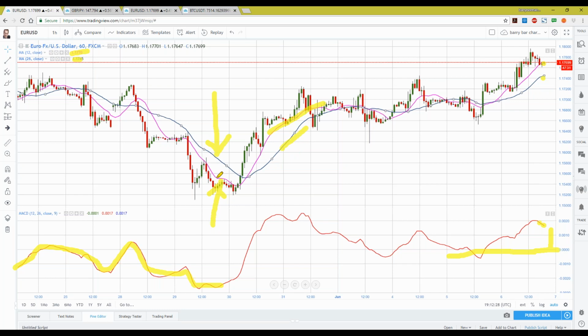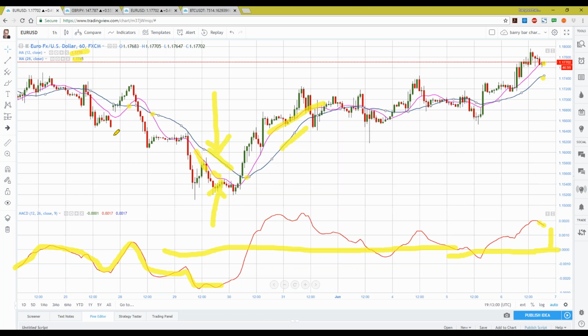Now you can see here when the violet, which is the shorter moving average, fell below the longer moving average, because we were subtracting a bigger number from a smaller number, the value fell into minus territory. When the moving averages crossed over, like right here or right here, and you subtract one from the other, what is that number?